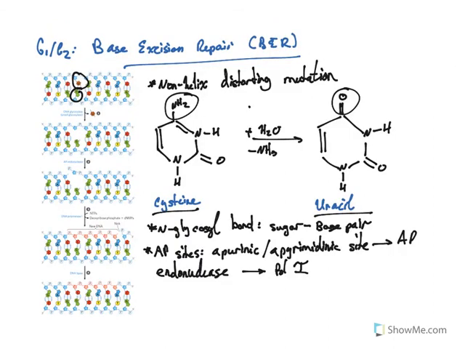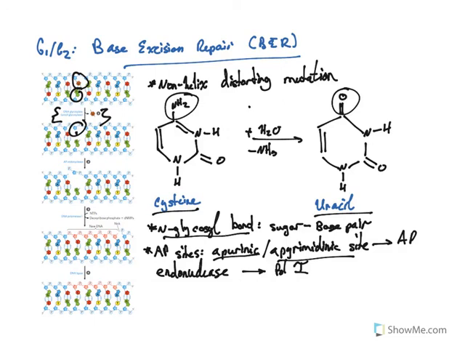thymine dimer. And so what happens is this is actually picked up by something called DNA glycosylase. And DNA glycosylase breaks the N-glycosyl bond between the sugar and the base. And so essentially we just have no base here. And this is called an AP site, essentially apyrimidinic site, just meaning that the purine or the pyrimidine, the base, has been removed.